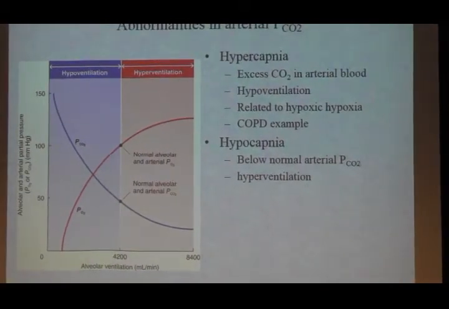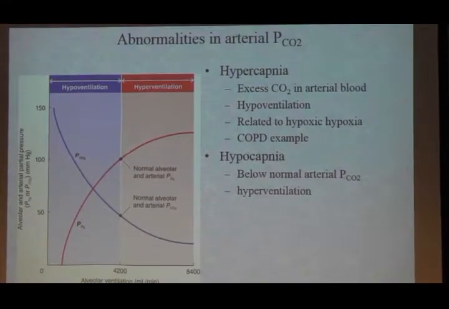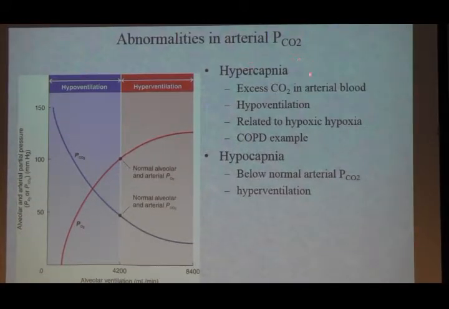Finally here, an example of a couple of abnormalities in our arterial PCO2s. Hypercapnia is any condition where there's excess CO2 in blood. Major causes for hypercapnia, so this is what you'd see over here, are indeed hypoventilation.